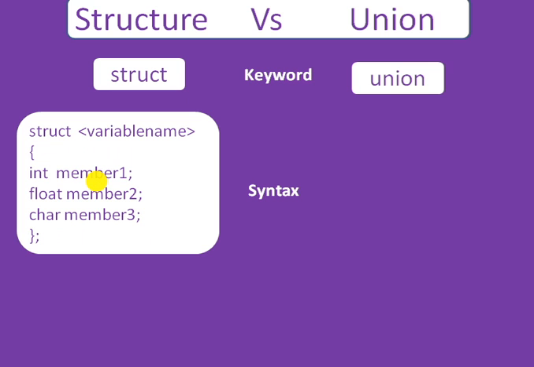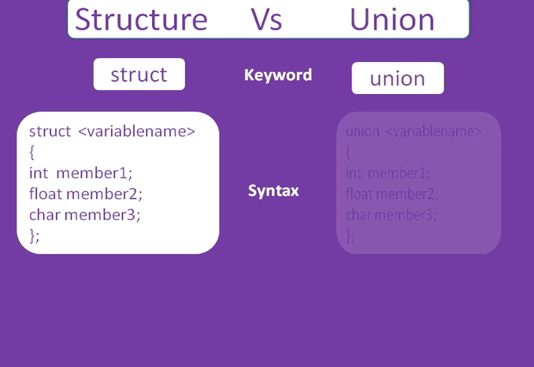You can declare any data type member, int, float, char, etc., whatever it is, but at the end of the braces you have to put a semicolon. So that is the syntax. Struct followed by user defined structure name, opening brace, the data members declaration, closing brace, semicolon. This is the syntax of the structure.